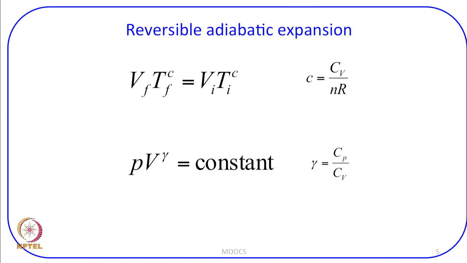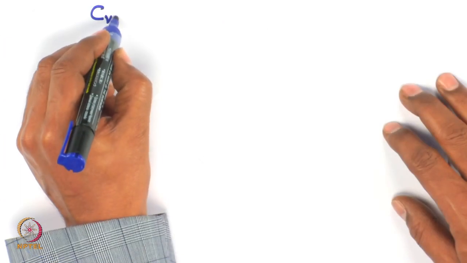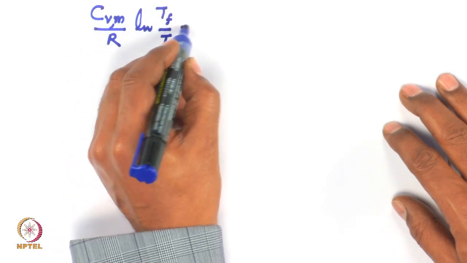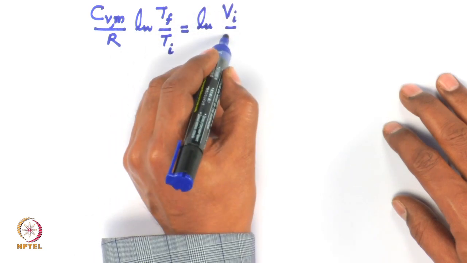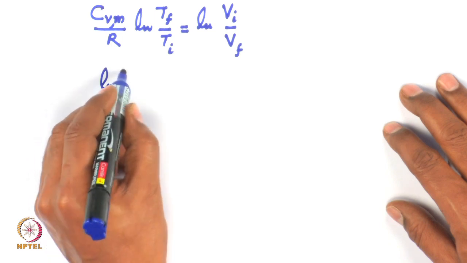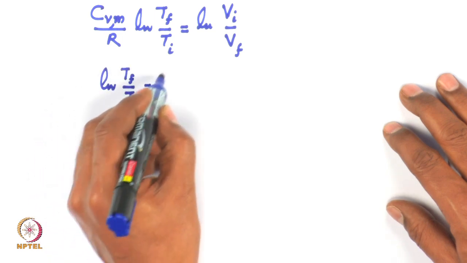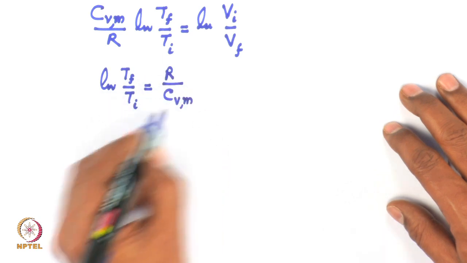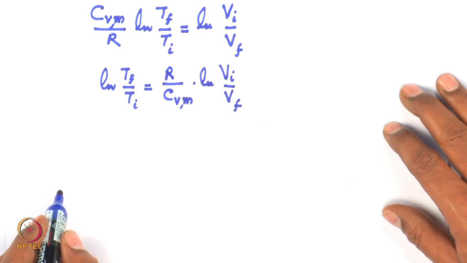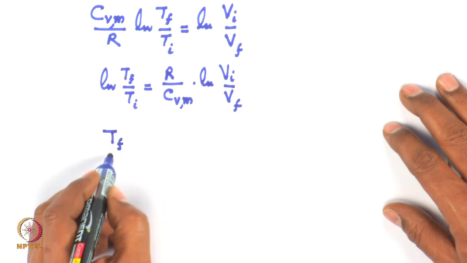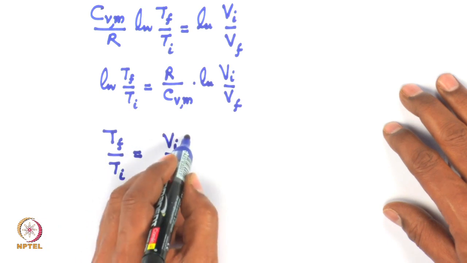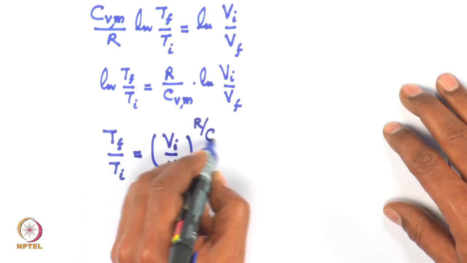So, what we have is C_Vm by R log T_f by T_i is equal to log V_i by V_f. This rearranges to log T_f by T_i is equal to R by C_Vm into log V_i by V_f. This further rearranges to T_f by T_i is equal to V_i by V_f raised to the power R by C_Vm.